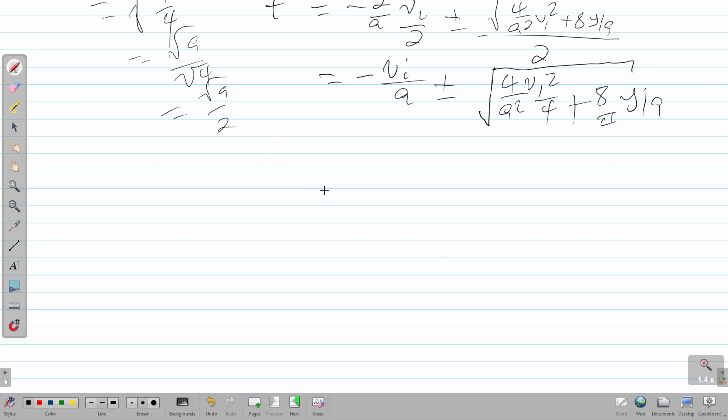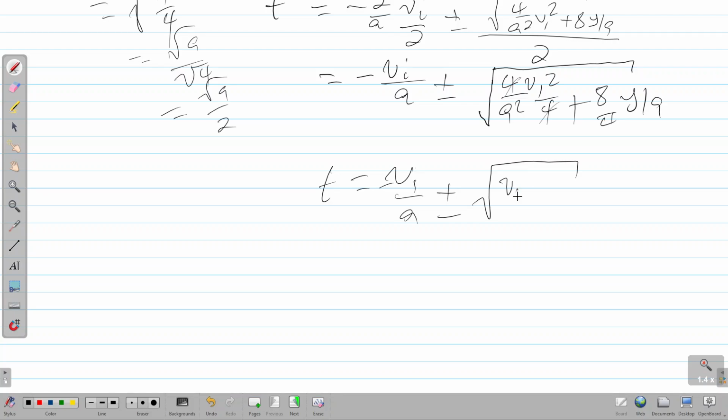Okay, so that gives us t is equivalent to minus v initial, not squared, just minus v initial over a, plus minus the square root of, so this 4 and this 4 cancel out.